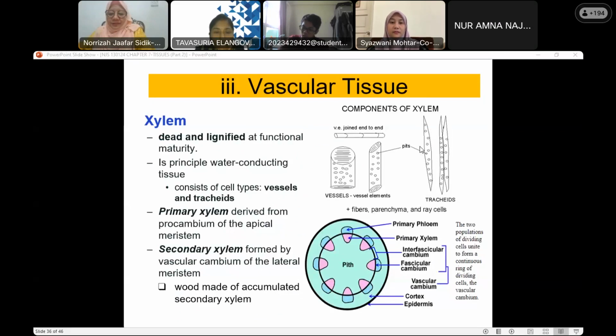They also have the pits, and the vessel elements here make the xylem able to transport the water and the nutrients.